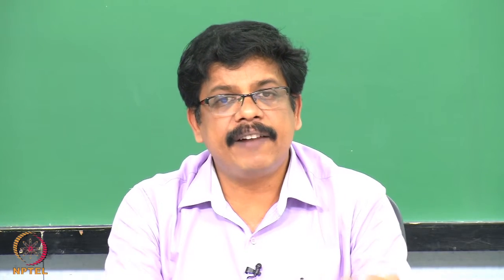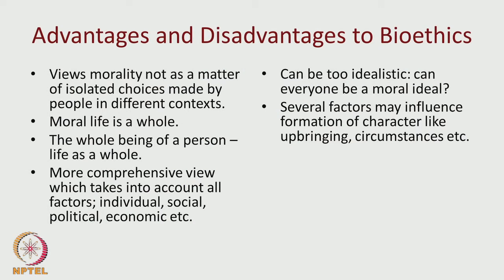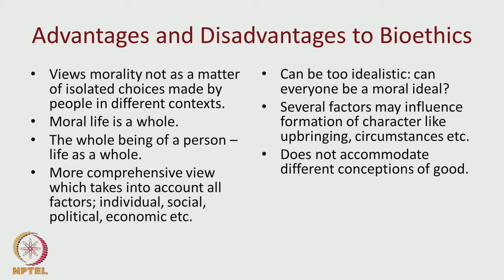Then again, several factors may influence the formation of character, like upbringing, circumstances, etc. Our childhood upbringing plays a very important role in forming our character. So, it is not that all virtuous characters can be cultivated later on by an individual. A huge quantity of our character traits are already formed. There is an argument like that. So, how can you account for that?